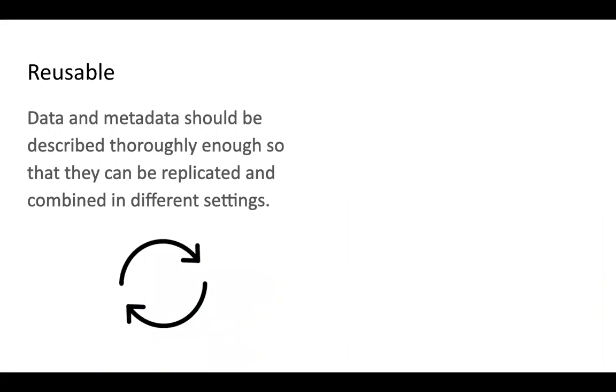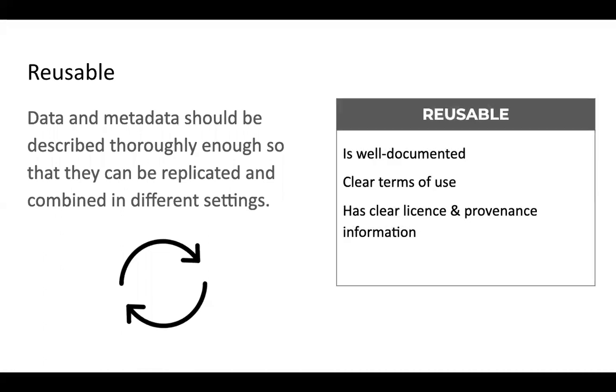And lastly, reusable. So data and metadata should be described thoroughly enough so that they can be replicated and combined in different settings. You can make your data reusable by ensuring it is well documented, has clear terms of use, and has clear license and provenance information.